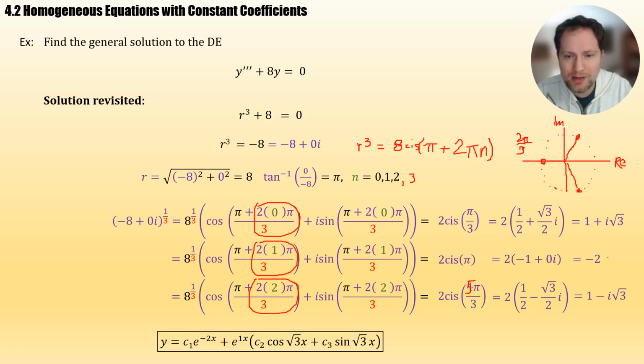You'll add another 2 pi over 3 and get 7 pi over 3 in the argument. And where is 7 pi over 3? Notice that it takes us all the way back to here again. You can knock yourself out, but you're just going to get this answer again. So feel free to keep going, but you're just going to cycle through these 3 roots now that you have them.